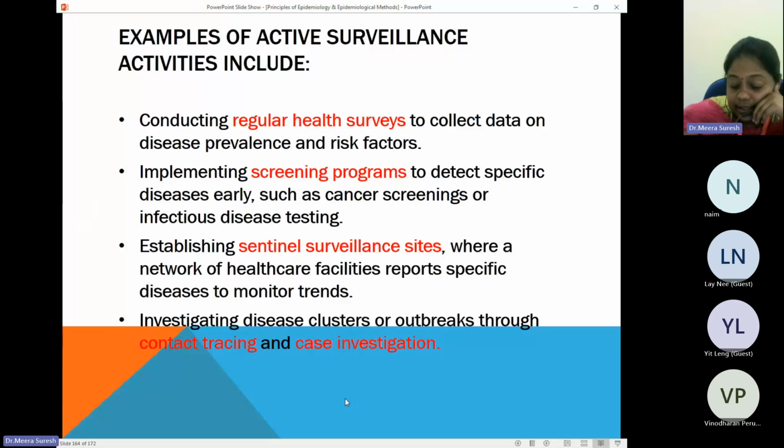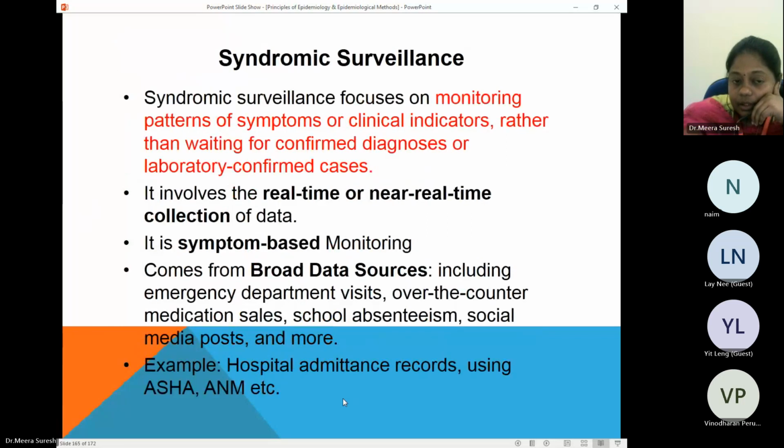So whenever there is an active involvement by the epidemiologist in the community to get data about the disease that is happening, it is called active surveillance. Then there is syndromic surveillance. Syndromic surveillance, as the word indicates, they are not waiting for some confirmation.